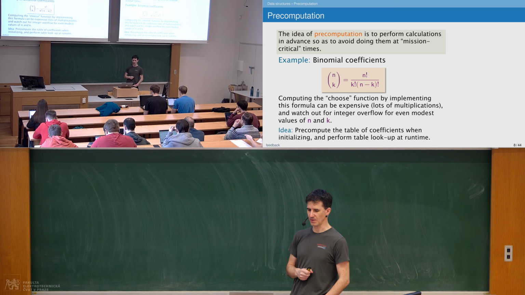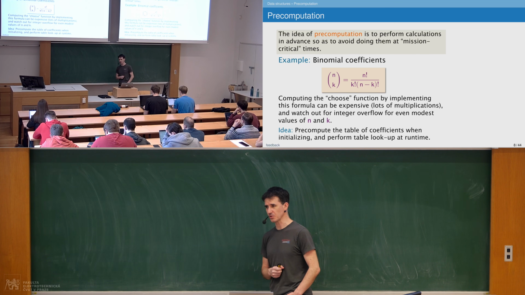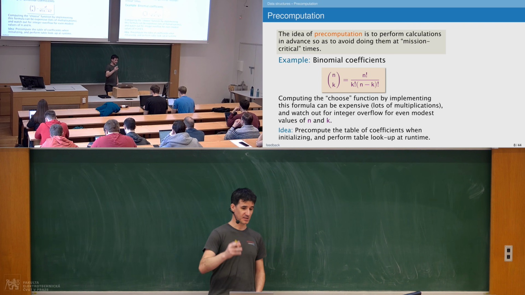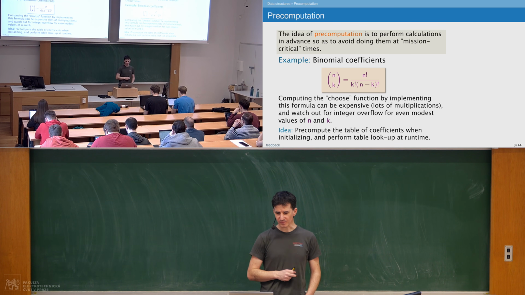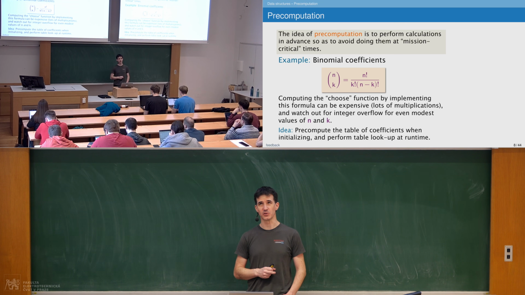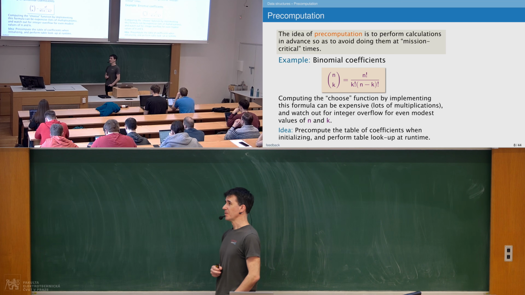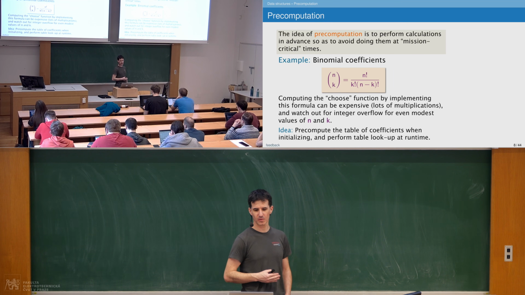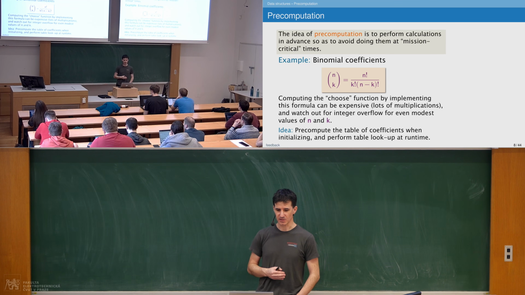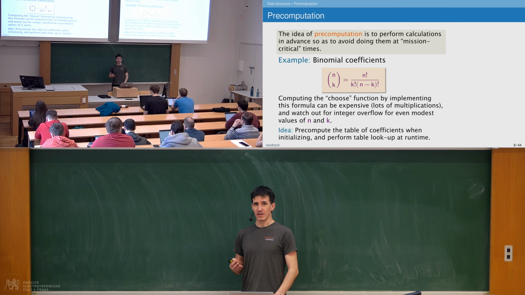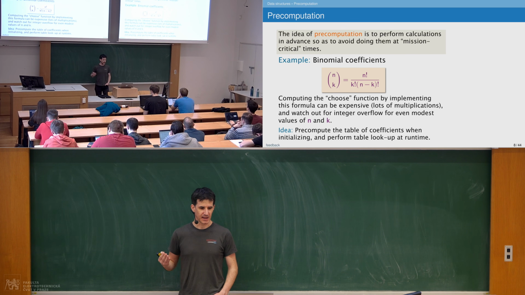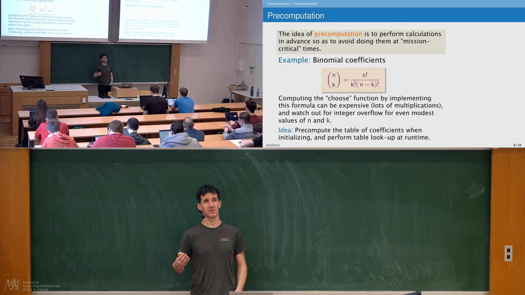Another optimization which is used quite often, and this will be also one optimization which you might be able to use in today's homework from the lab classes, is pre-computation. In many cases you need to calculate something, and this something can be calculated pretty expensively.